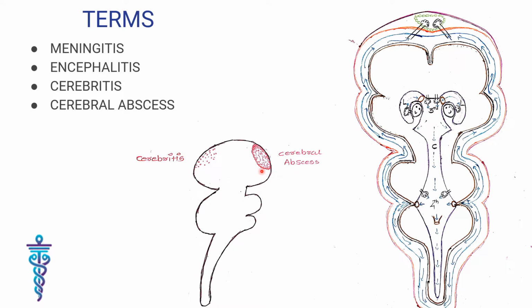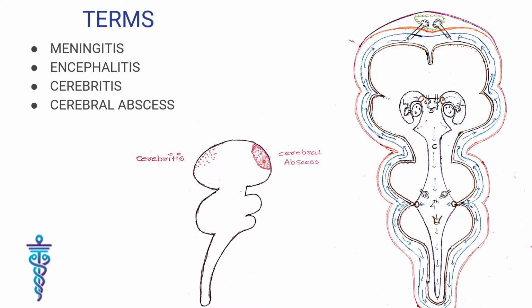A cerebral abscess is also a localized inflammation, but with pus in the brain parenchyma, and one more thing that is different from cerebritis is that it is encapsulated. As you can see, this figure shows necrosis, pus formation, and gliosis.